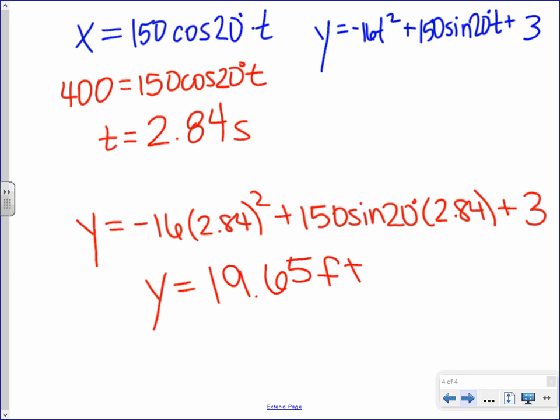Oh, man. The angle is just a bit off. I think I got 19. I got 7.4. What do you mean, don't round? So if you leave this in your calculator and use it, you get this answer.